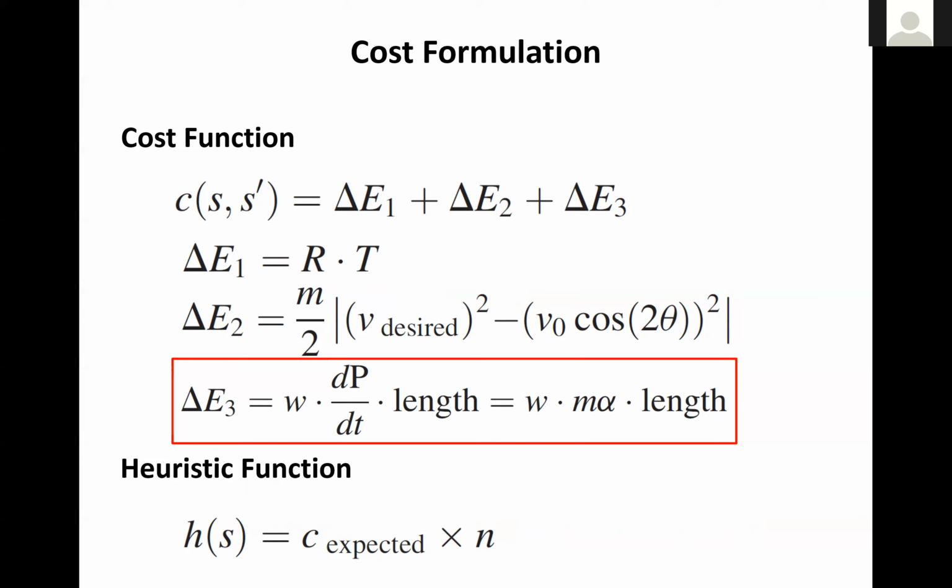However, for trajectories which have curvature, which is often the case with a biped, you need to inject additional energy into the system, which is essentially the change in momentum of that system. And this is what we're trying to model here. So it's basically the momentum as a function of the length of movement of that center of mass, which is modeled in E3.